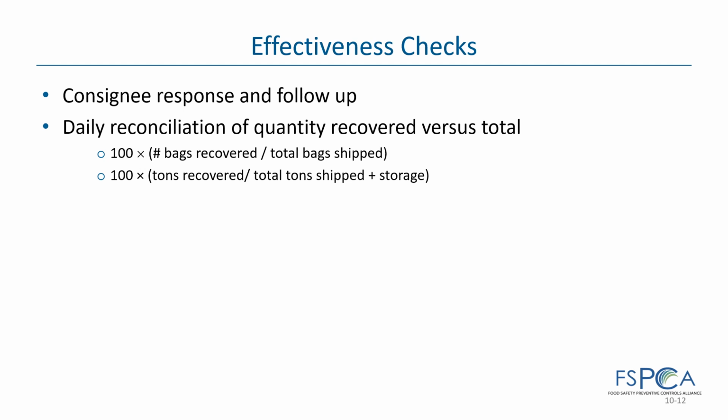So this might look like number of bags recovered versus total number of bags shipped, or bulk product shipped versus bulk product recovered or in storage. So this is a measure of: I have sent a notice out there to get this product back, this is how much I sold of it, and this is how much I actually got back.